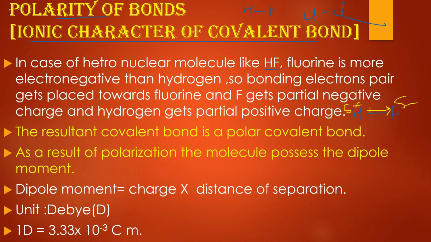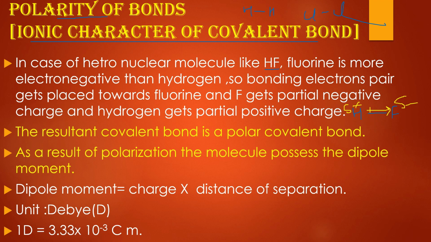So there is a polarity in the bond, and this polarity gives rise to the dipole moment in the bond, and this is the sign of the dipole moment, a plus and an arrow, plus towards the less electronegative atom and arrow towards the more electronegative atom.